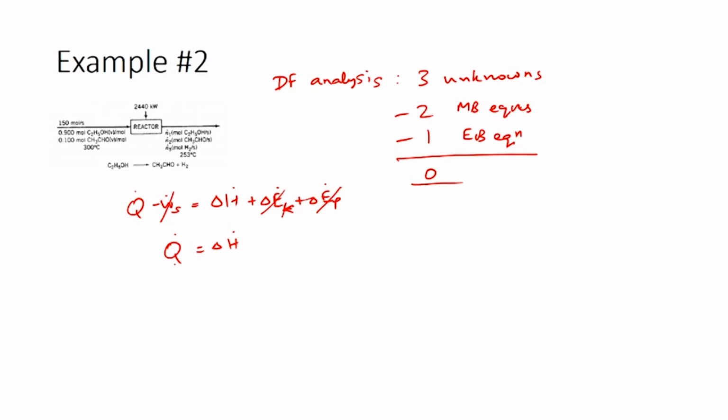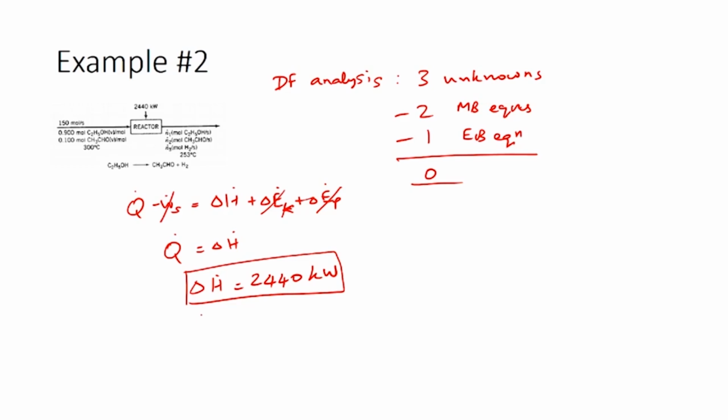Q dot is already given to you as 2440, so we will use that value. So, your delta H dot will simplify to 2440 kilowatts.